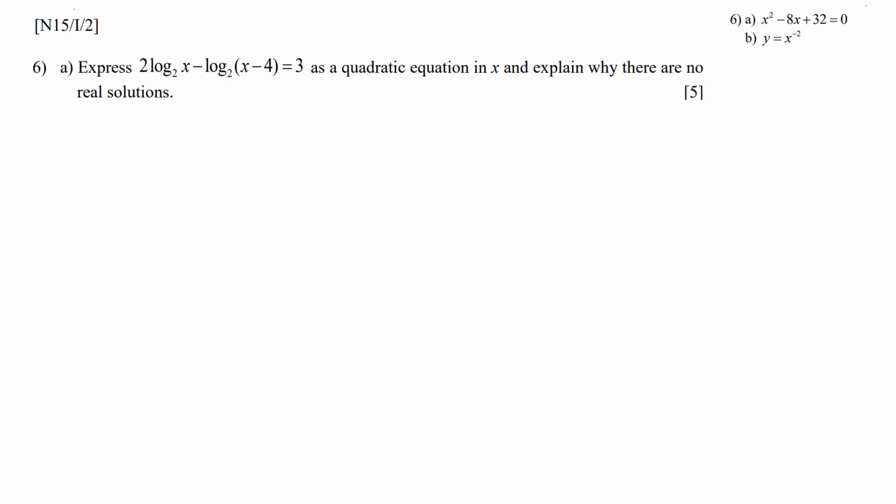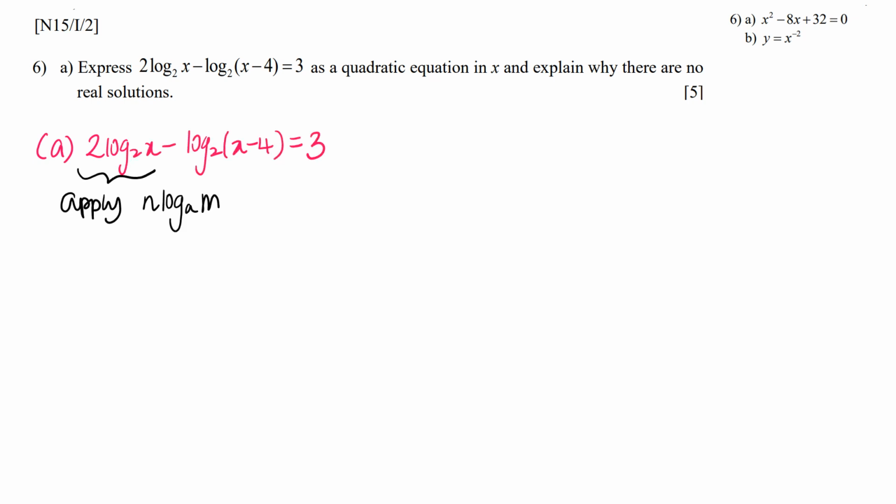Okay, so first part, let's apply the power law. If you recall all the questions we have done so far, you really need to make friends with all your 3 laws: the product law, the quotient law, and the power law. So here we apply the power law.